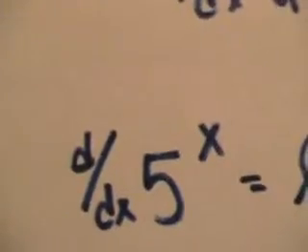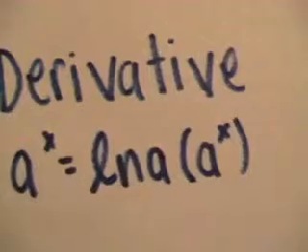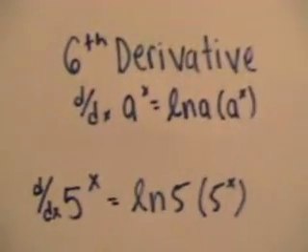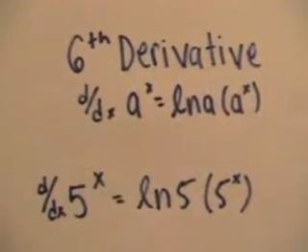The base here is 5. So it's ln of 5. And then a to the x, which is pretty much the same thing they give us. So it's going to be ln of 5 times 5 to the x. That's the derivative of 5 to the x. And that is your sixth derivative.